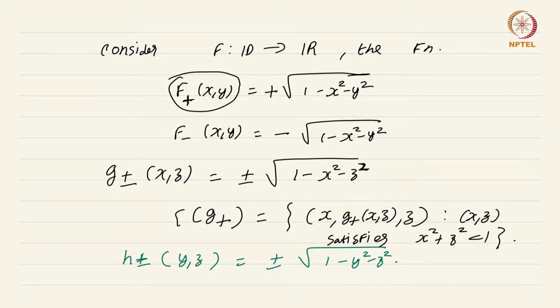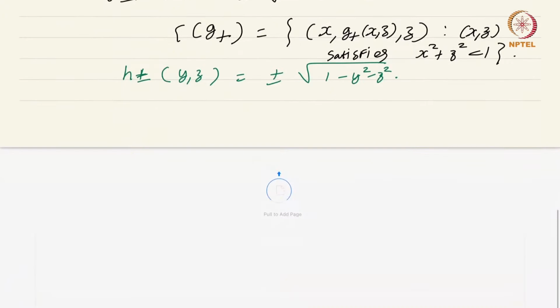This observation will lead on to the definition of a manifold quite soon. But before that, let's see what we have managed to do using this discussion. If you look at x squared plus y squared plus z squared equal to 1, what we have essentially said is that this equation implicitly defines several functions, and we have explicated these implicit functions.